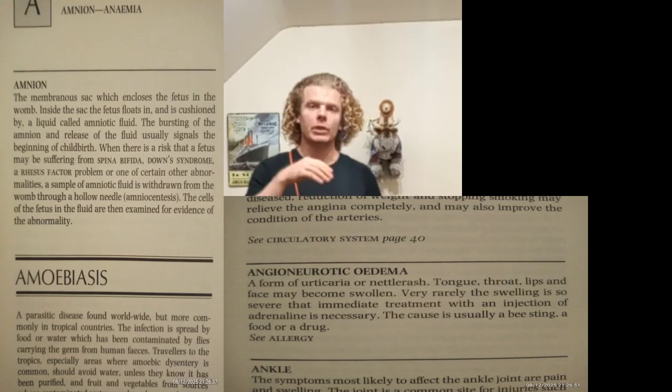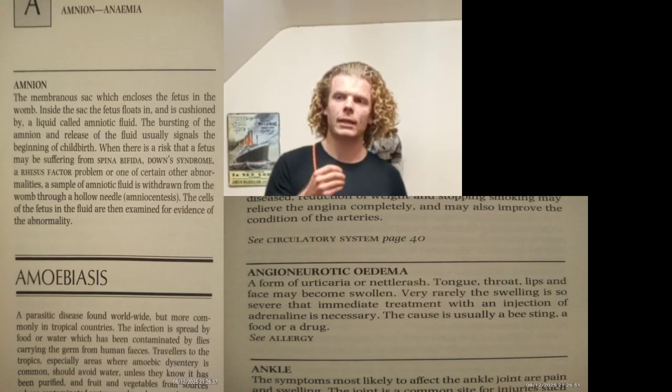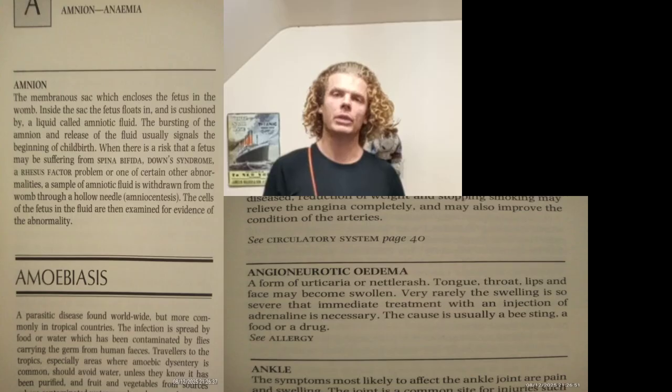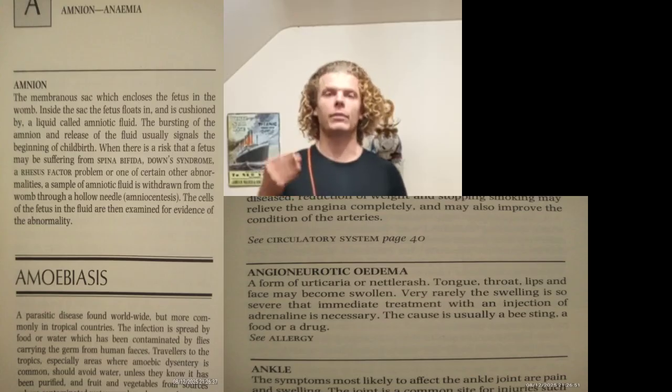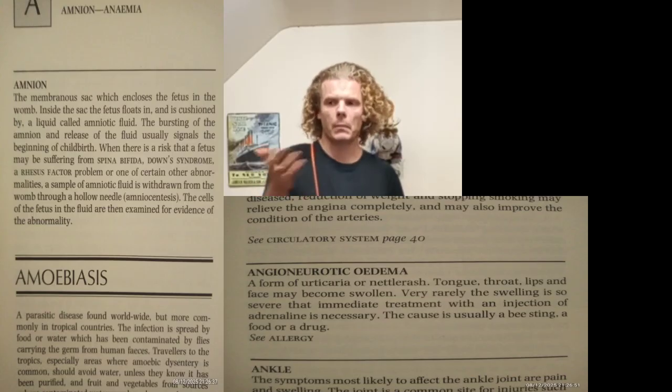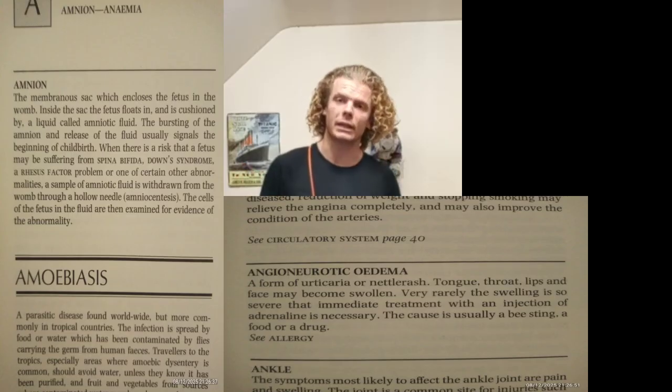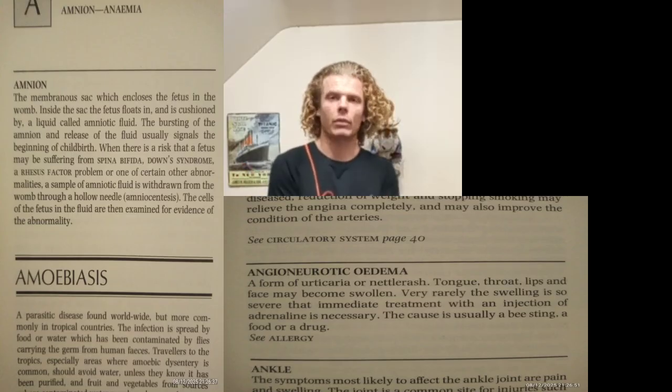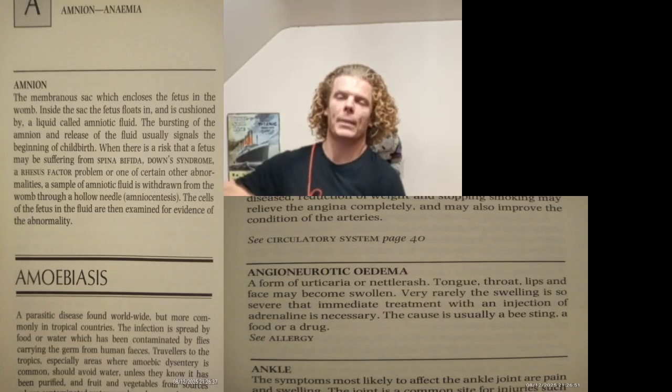And the bursting of the amnion usually signals the beginning of the birth itself of a child. And there is a procedure called amniocentesis, and by that, with a needle, amniotic fluid is pulled out, and that fluid can then be tested to check on the health of a fetus. And that is according to Keith Hodgkin's Family Medical Advisor book, page 72, but this is no medical advice.